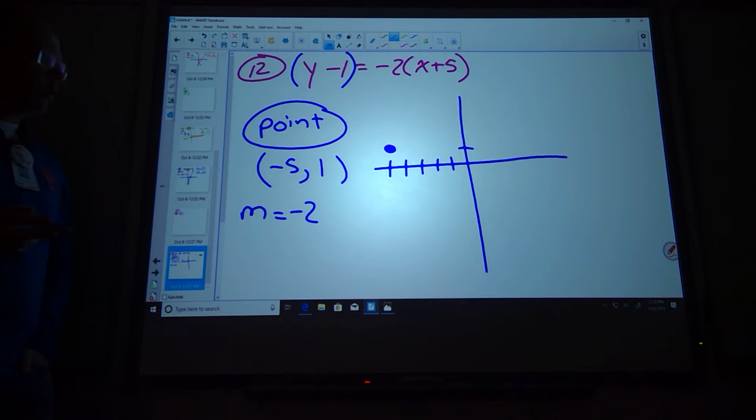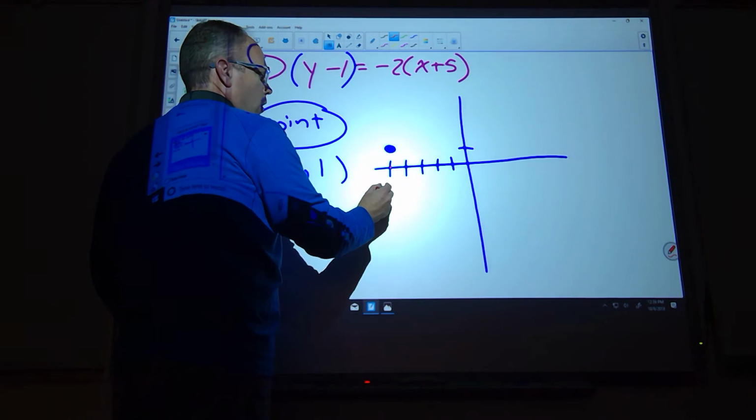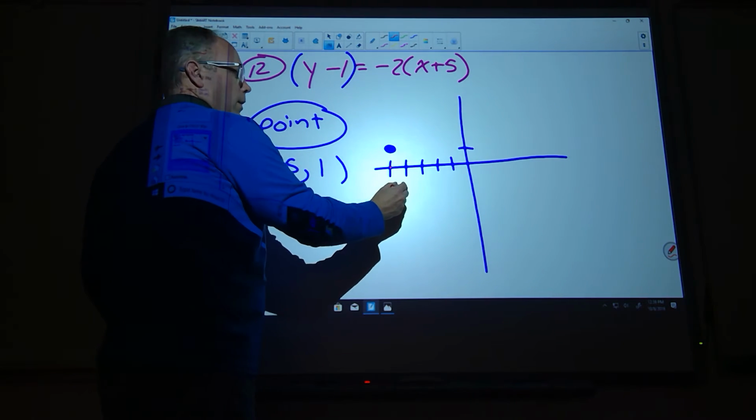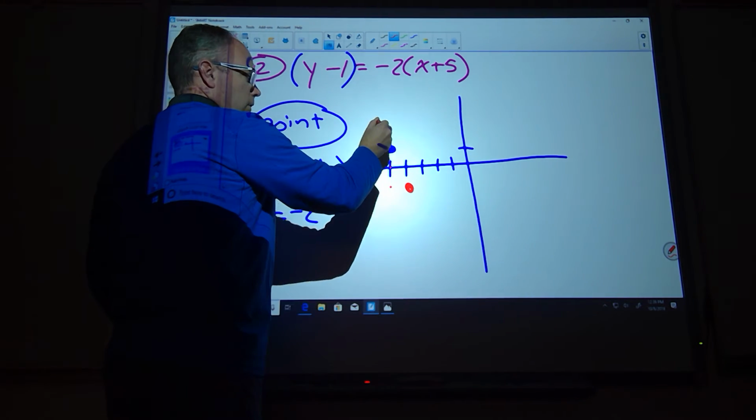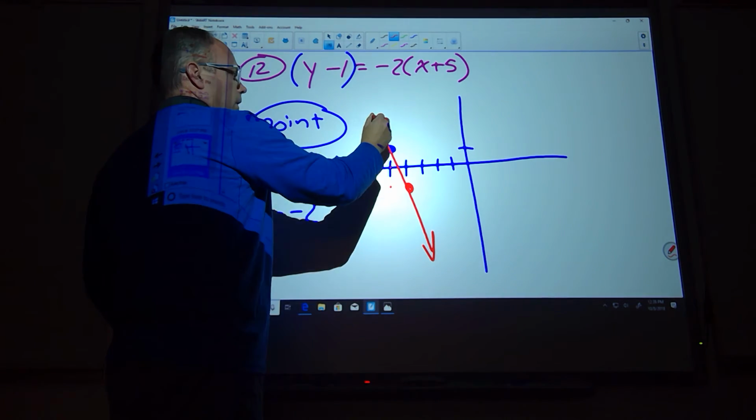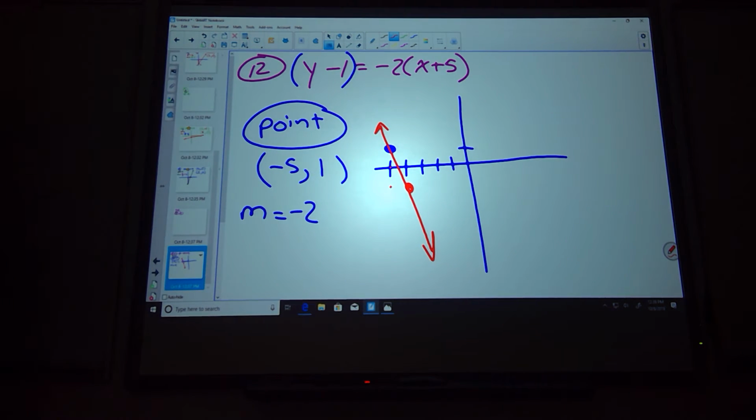Go down 2, so 1, 2, and over 1, right 1. Perfect. There it is. That's definitely a decreasing slope because it's negative. So point slope hands you the point, and then you use the slope to find a second point.